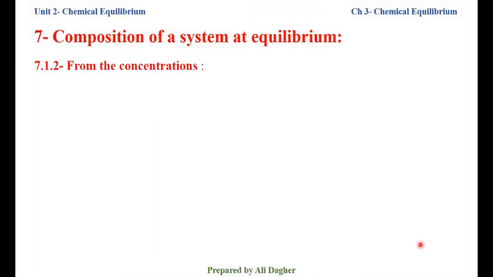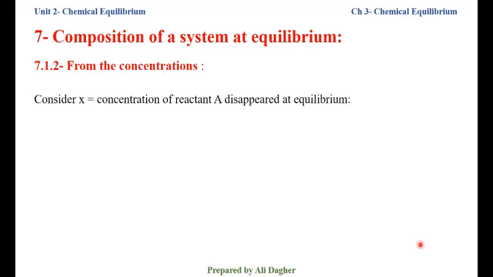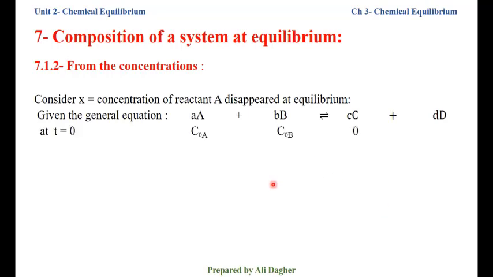From the concentration, the same as the number of moles, consider X, the concentration of reactant A that disappears at equilibrium. The general equation: aA plus bB gives cC plus dD. At T equals 0, the initial concentration of A is C0A, C0B for B, and 0 for the products.